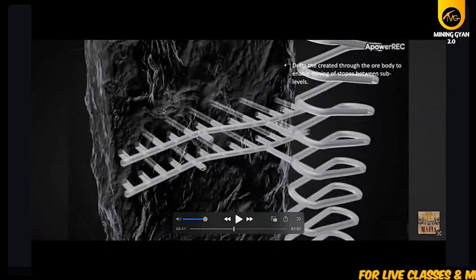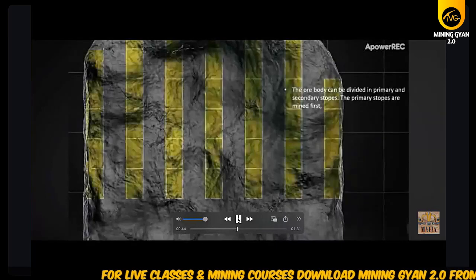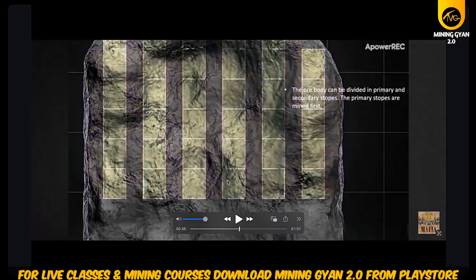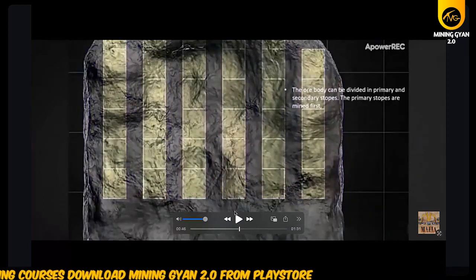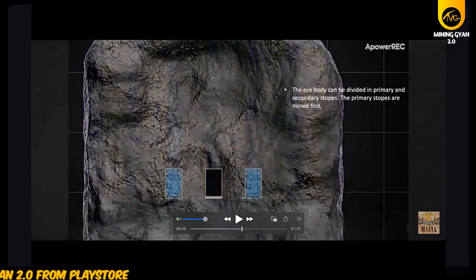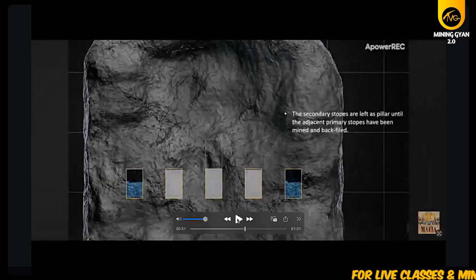And these are your drifts, which will pass through the ore. The ore body can be divided into primary stopes and secondary stopes. This is your primary stope, which is alternate, and this is your secondary stope. The primary stope will be first mined or excavated, and then you will fill with the paste filling.